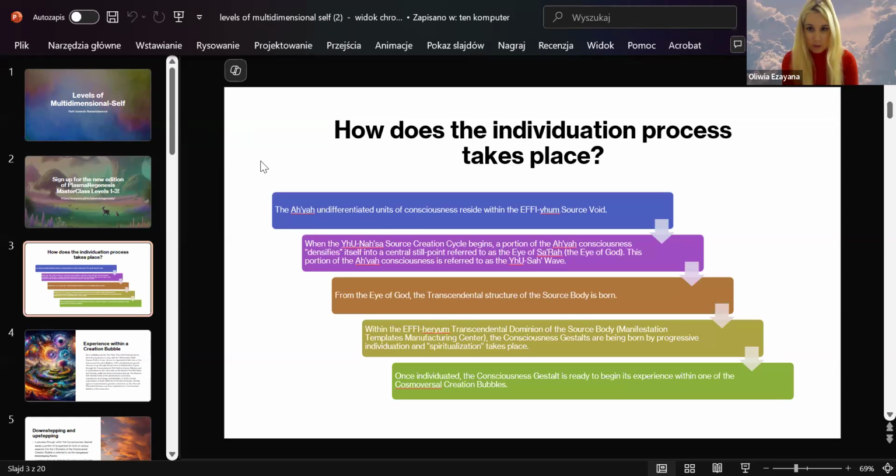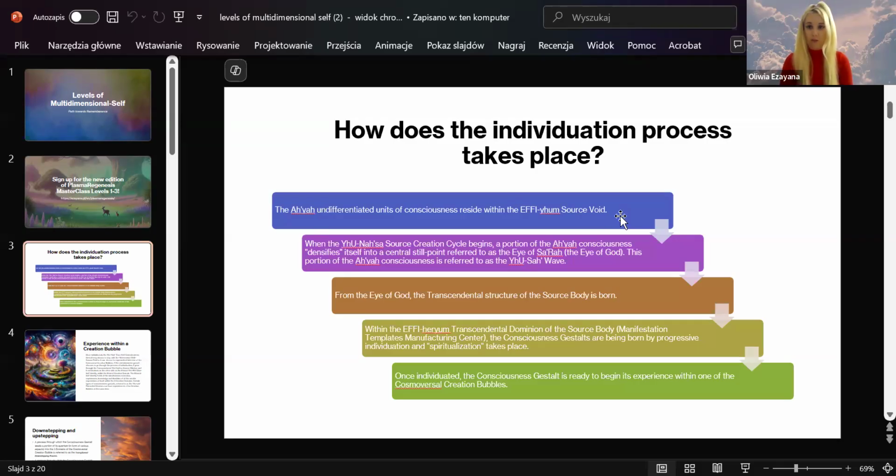So on the first step, the Aya undifferentiated units of consciousness reside within the Ephium source void, meaning that the Ephium source void is referring to the pure source consciousness field, the primordial source consciousness field, from which everything comes from.